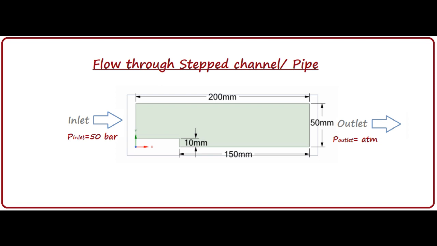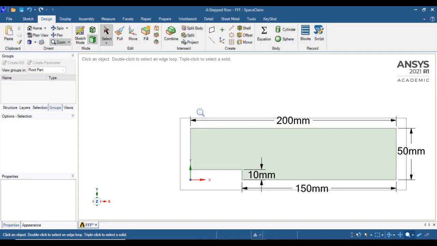So it will help the students who are at the beginning stage. So today I will post this tutorial where water will flow through this channel or the pipe. So let's begin to solve this problem.